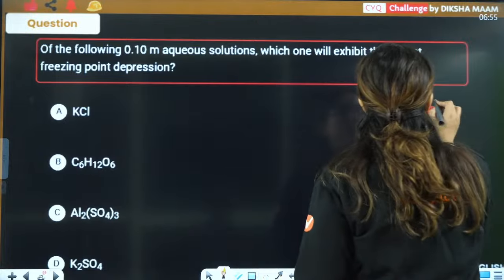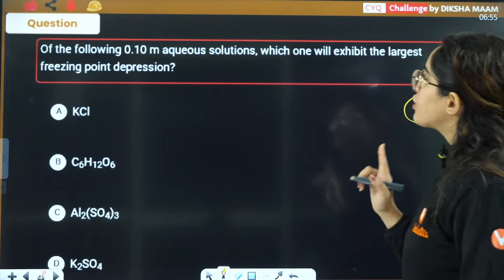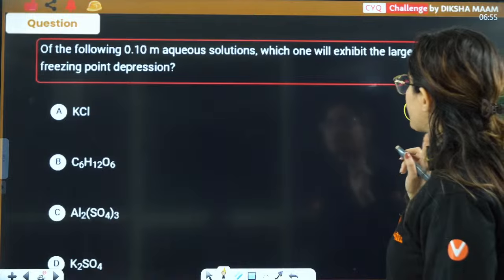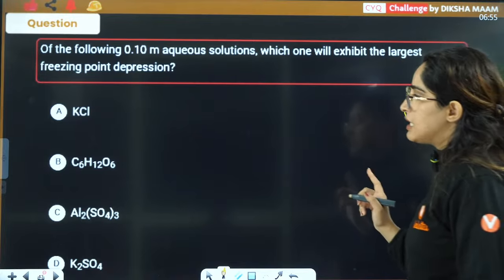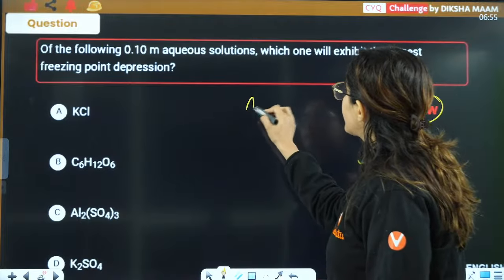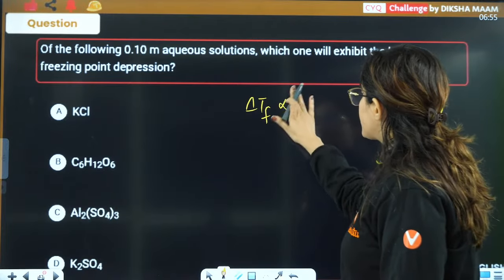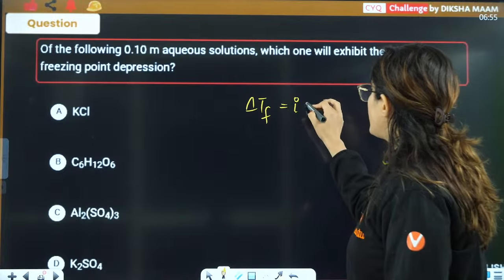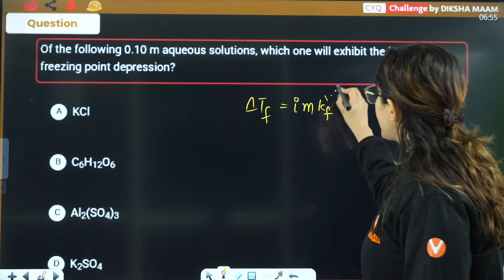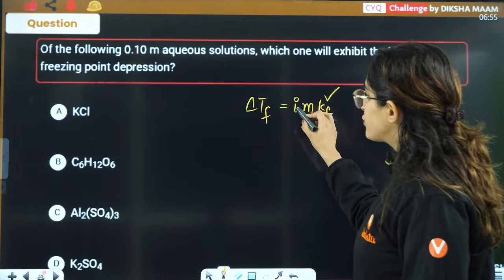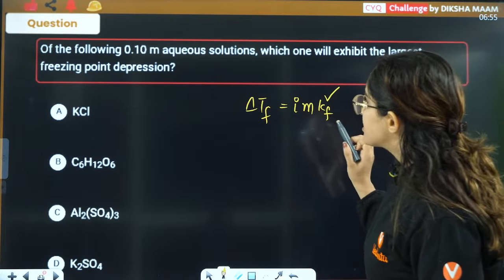And this is your homework question: out of the following aqueous solutions, which one will exhibit the largest freezing point? Now, delta Tf is equal to i into m into Kf. Kf is the same. You have to see which will exhibit the largest freezing point.